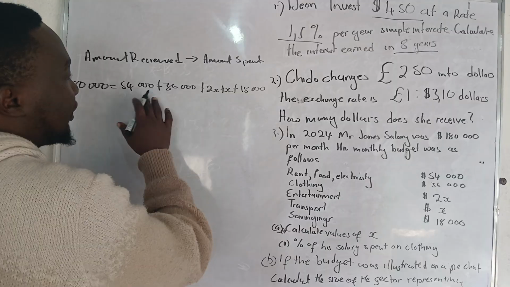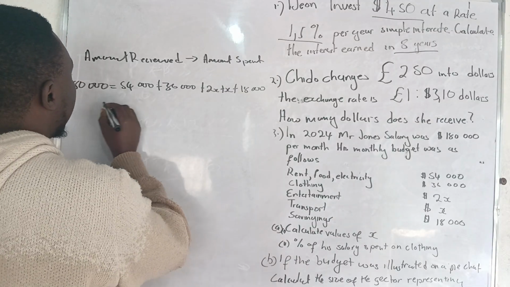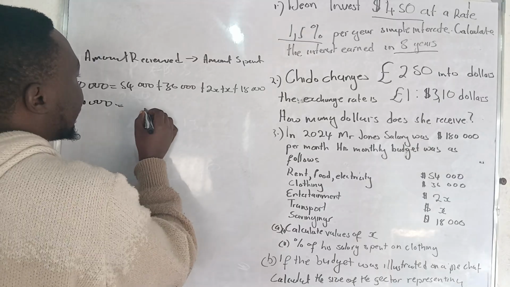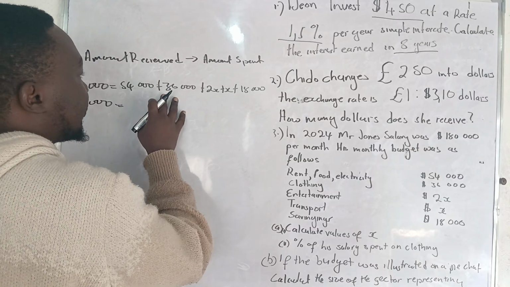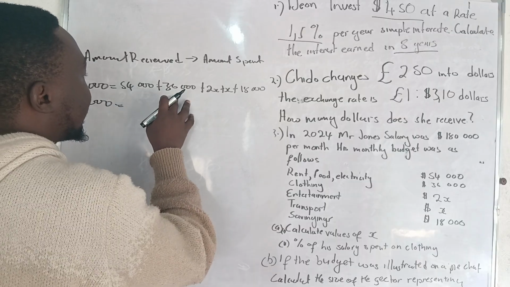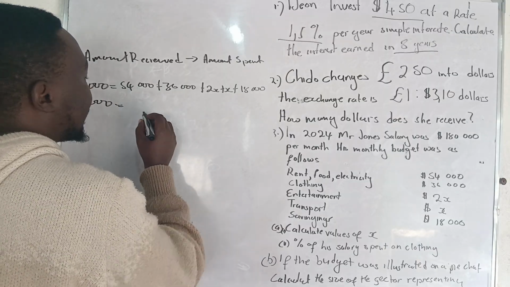So let's add like terms on this side. 54,000 plus 36,000, that's going to give 90,000.